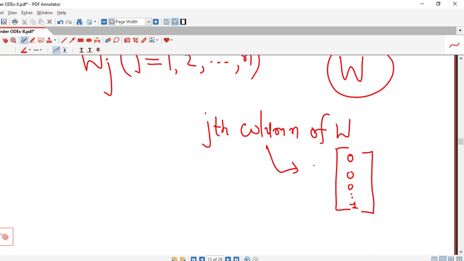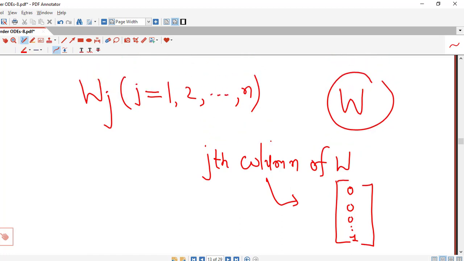All the entries except the last entry are 0. So we will remember this formula.